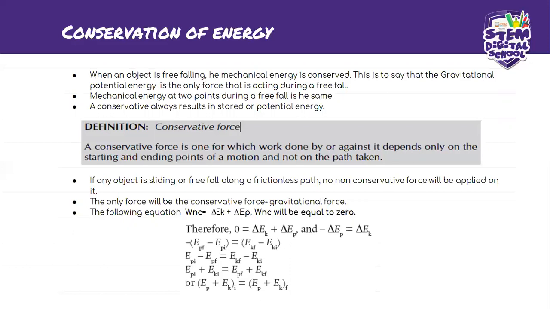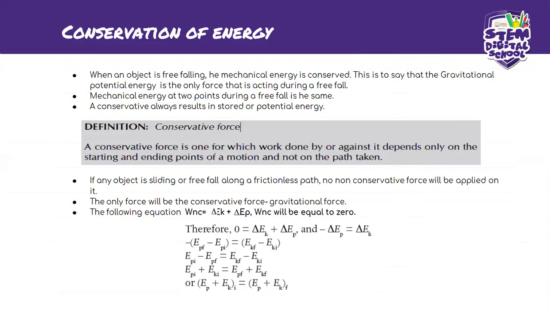Okay, so mechanical energy at 2 points during a free fall in the same time is the same. So which means if it could be here or could be here, the mechanical energy is going to be the same in both times. Okay, so a conservative energy always results in stored or potential energy.